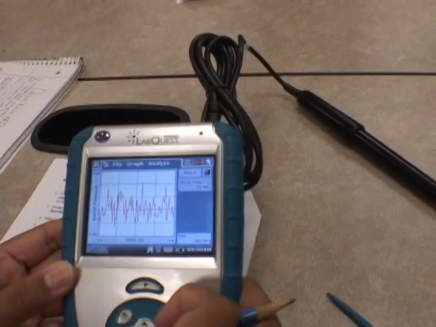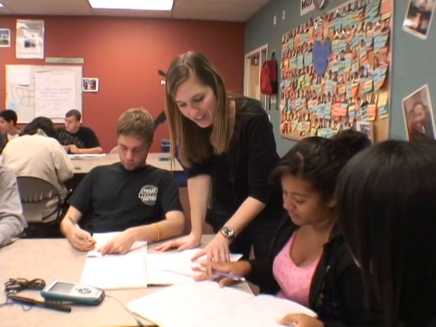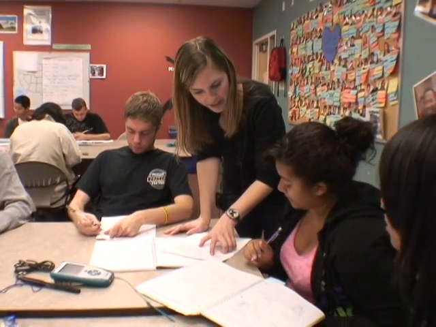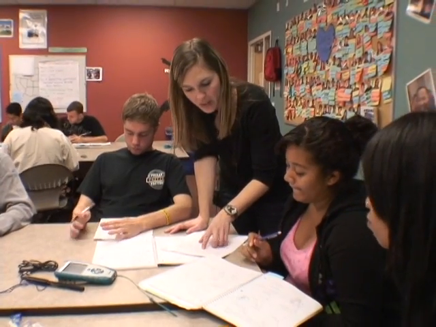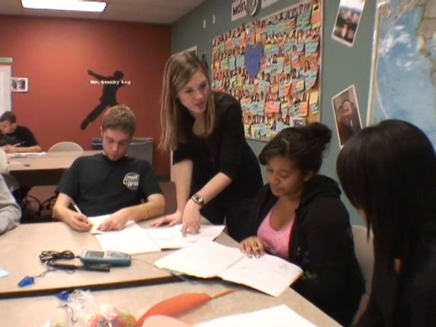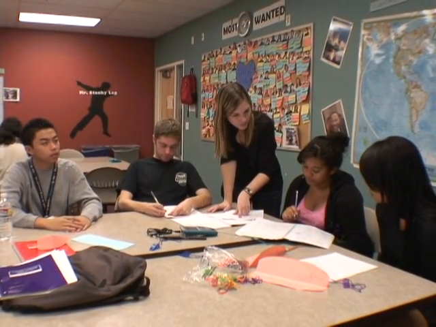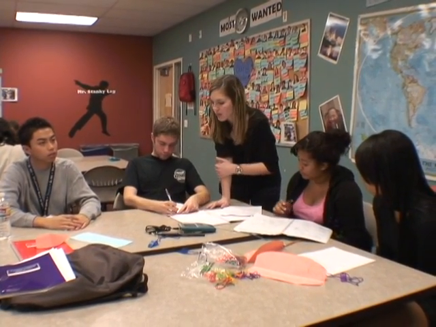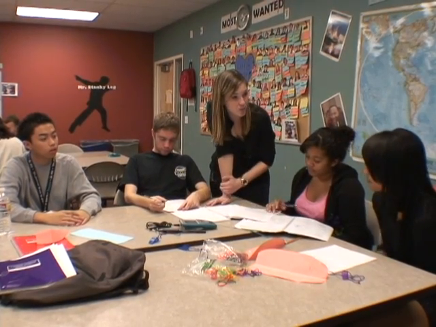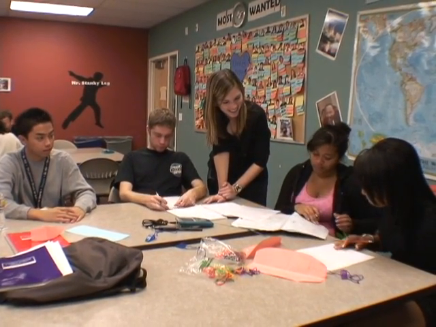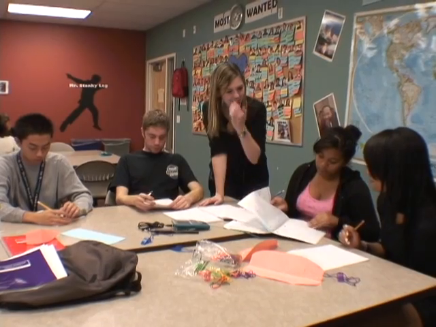Sweet. Thanks. So now we're going to analyze the graph that you took of the sound wave produced by a whistle. So how would you find the change in time of your graph? You might want to look at your equations page in your notebook and find the equation for change in time.